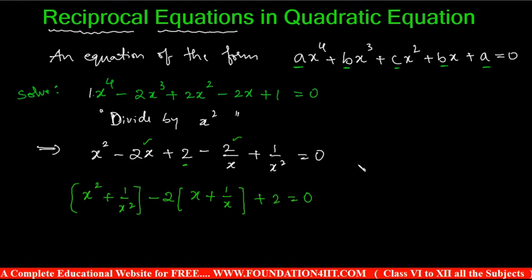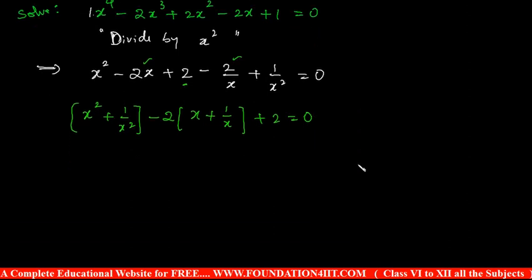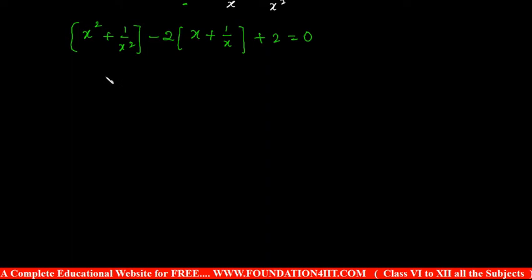Now this is one form. Let us try to solve from this. Let x + 1/x = a, because I am going to make it into a quadratic equation type.